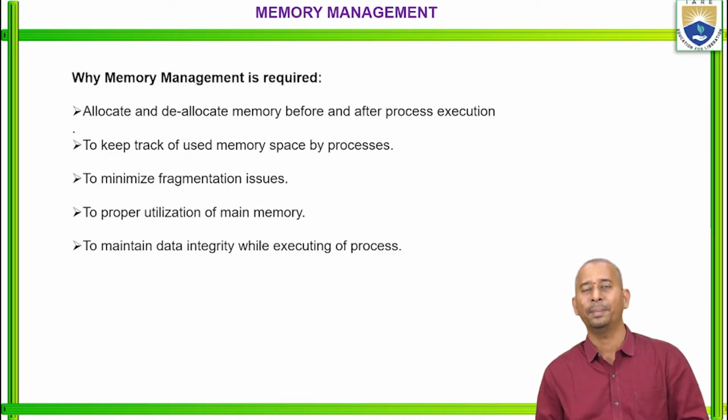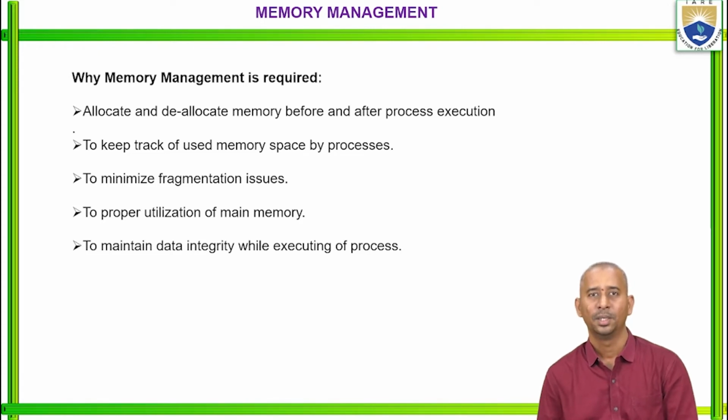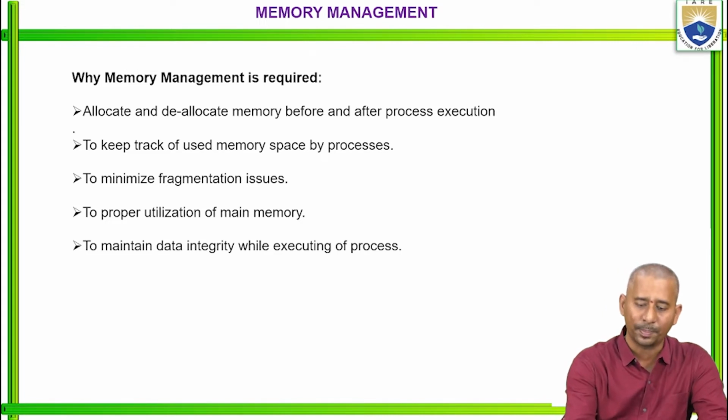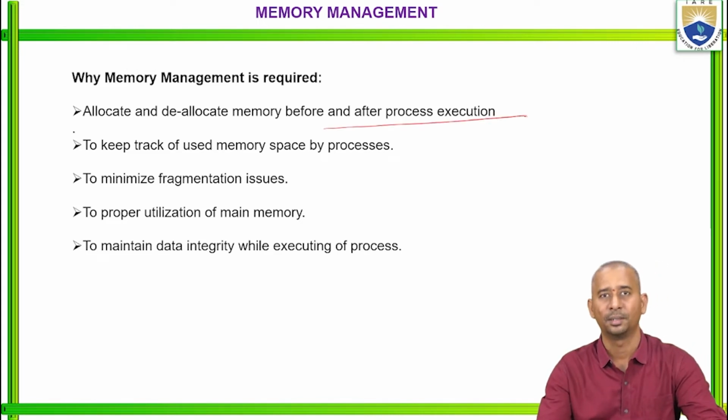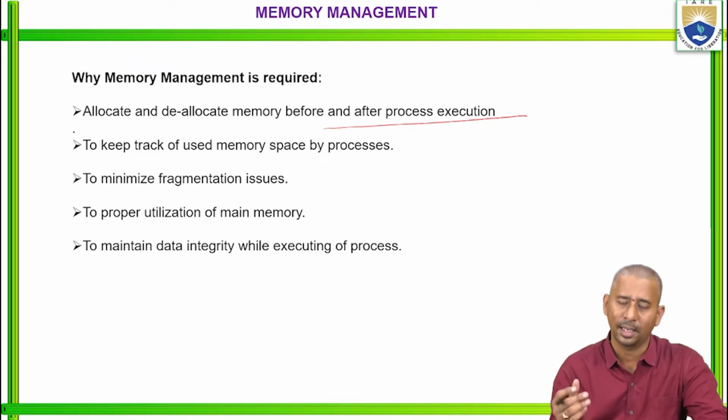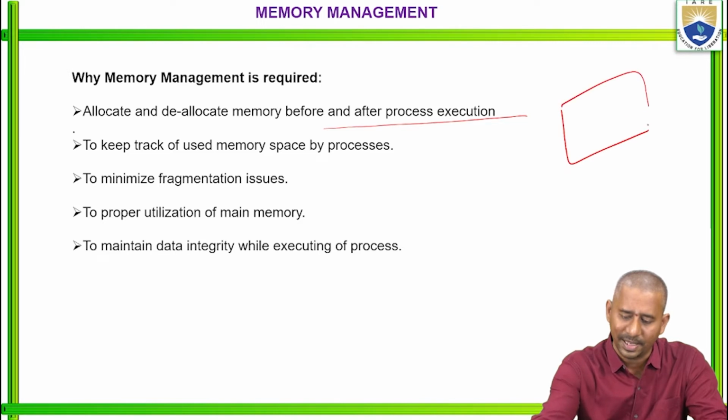Then coming to why memory management is required. What is the necessity of memory management? First of all, allocate and deallocate memory before and after process execution. Whenever we need to execute some process, let us take this as my available memory.